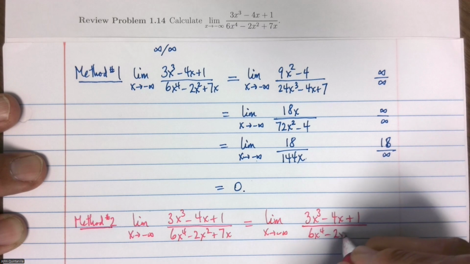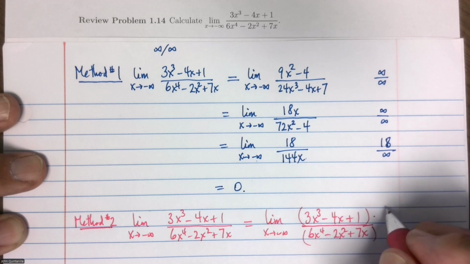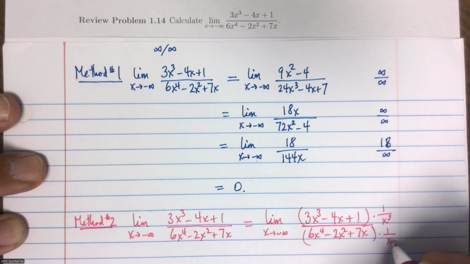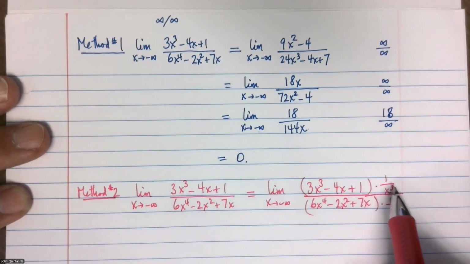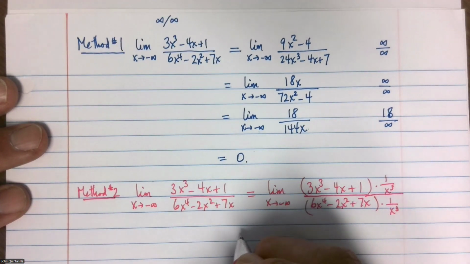So far, nothing has changed. And the thing that's going to change is I'm going to multiply top and bottom by 1 over x cubed. Okay, so I'm multiplying by 1.